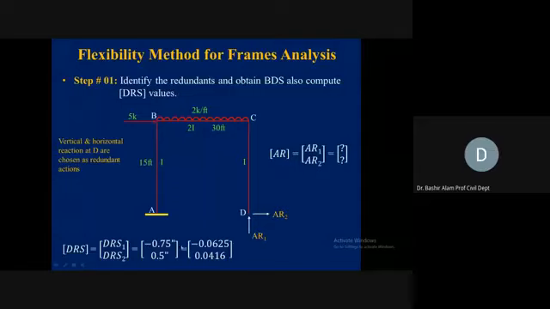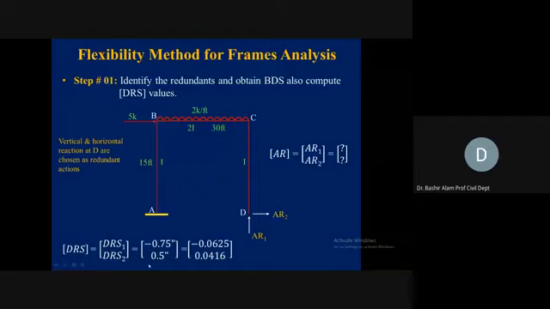Directions are not matching, so we label it negative 0.75, the magnitude of the displacement corresponding to AR1. Then corresponding to AR2, we have translation towards right of 0.5 inch, so 0.5 inch we write here. Positive, because AR2 and the 0.5 inch displacement are in the same direction.